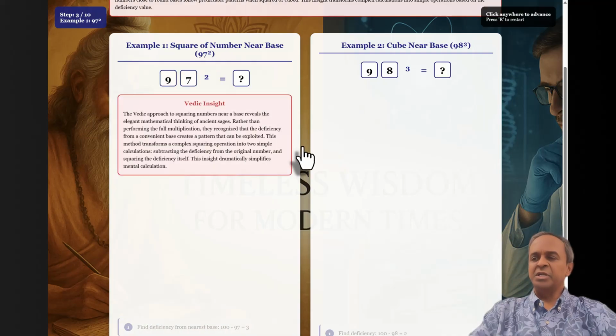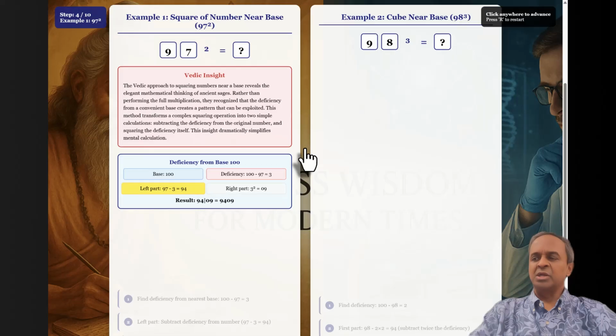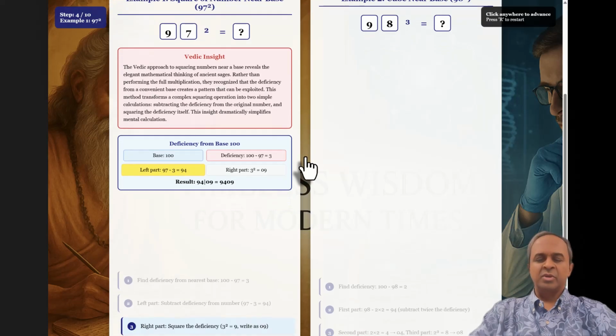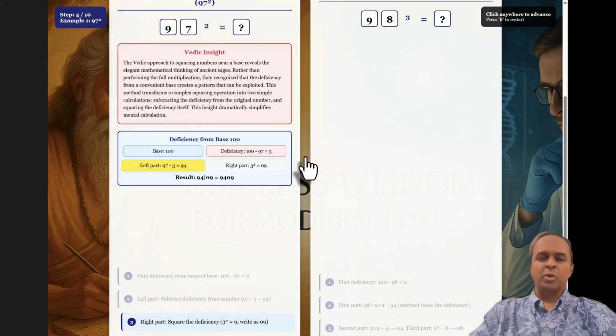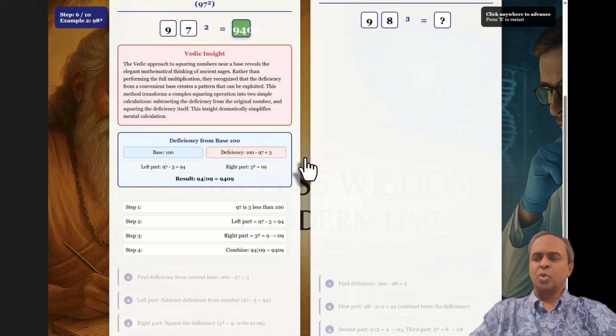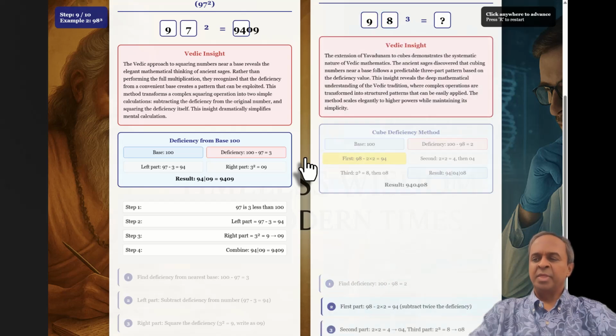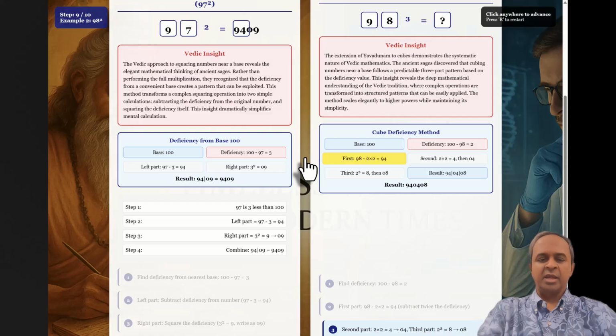The greater the deficiency, the more it influences both the structure and calculations of the result. The Vedic insights we have explored reveal the profound mathematical understanding of the ancient sages who recognized patterns and relationships that simplify calculations. These principles continue to offer the elegant wisdom of Vedic mathematics.